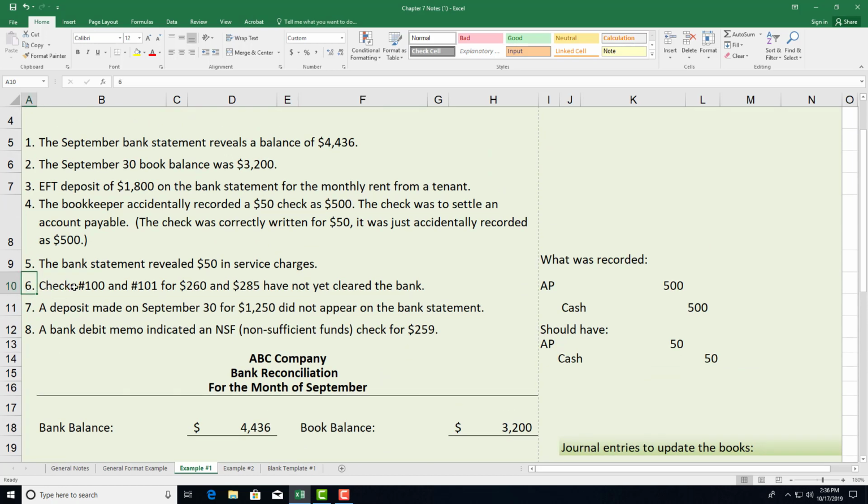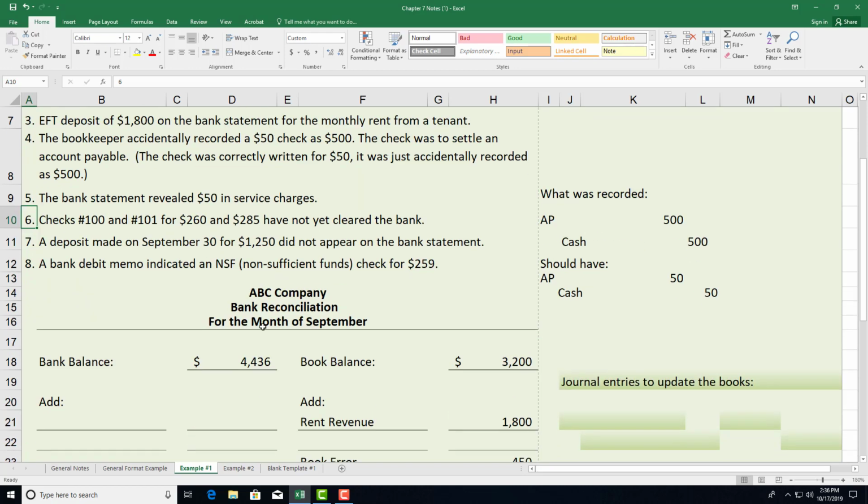Next, number 6, we have 2 checks that have not yet cleared the bank. So when we write a check, we know about it first. So we're assuming that when we write a check that we know about it, that check is automatically recorded in the books, so those 2 checks are reflected in our book balance. It's the bank that's not up to date.